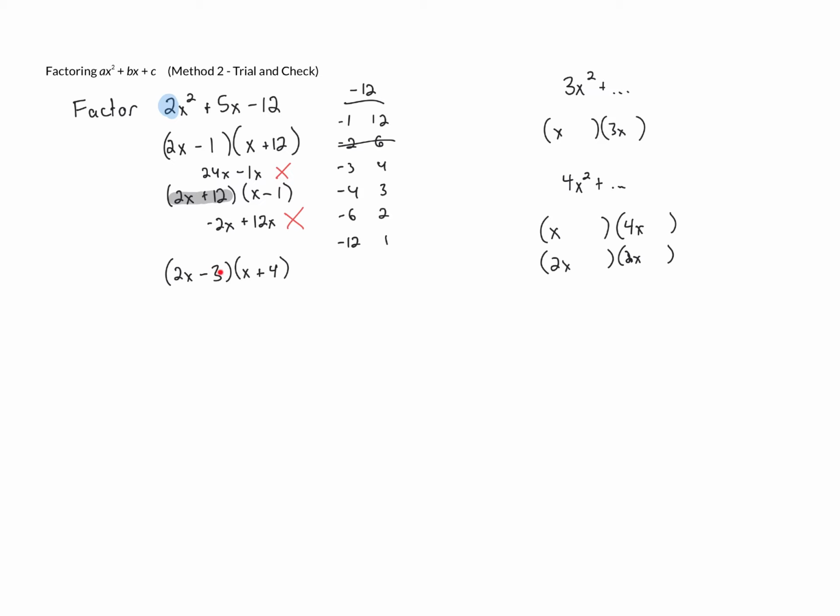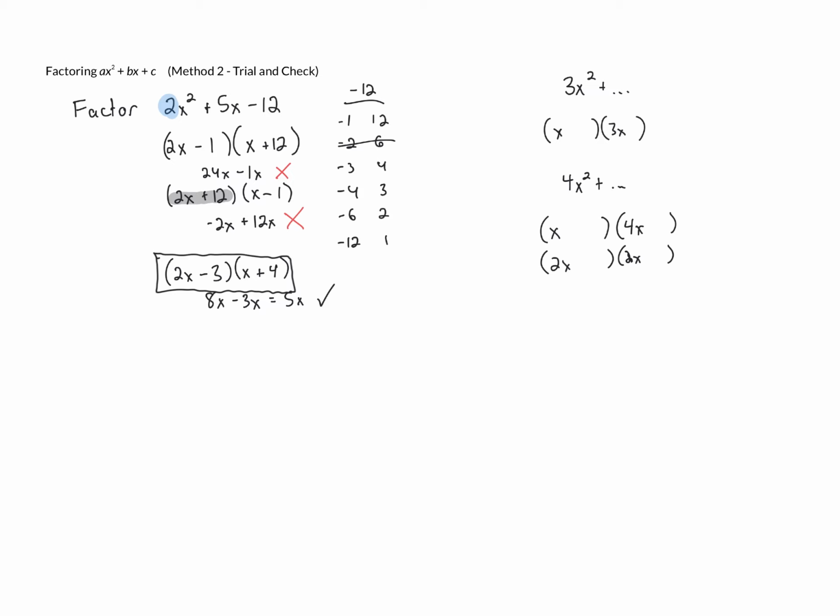We couldn't pair the 4 there because that would give us a GCF. So here we've got 2x minus 3 and x plus 4. When we look at the outer terms, 2x times 4 is 8x, and the inner terms, negative 3 times x is negative 3x, and 8x minus 3x is 5x, which is exactly what we wanted, so we know that this is the correct possibility.